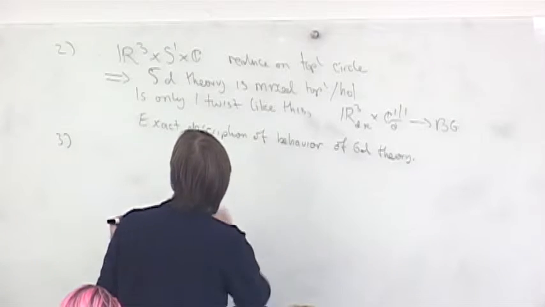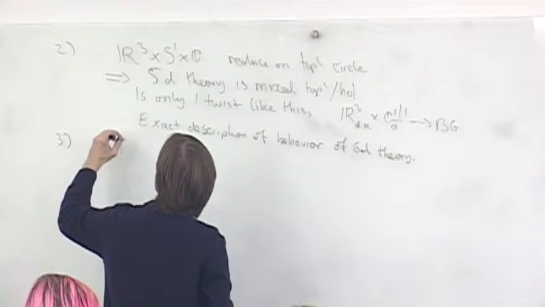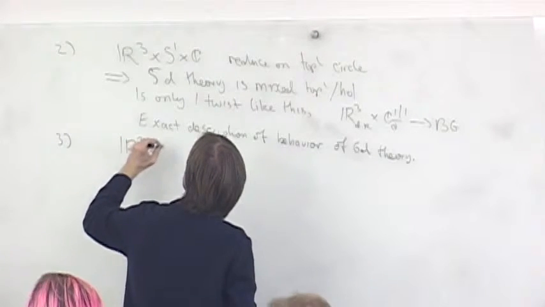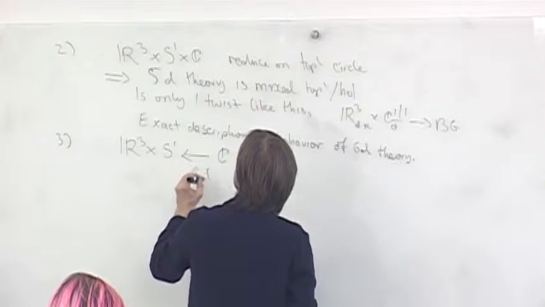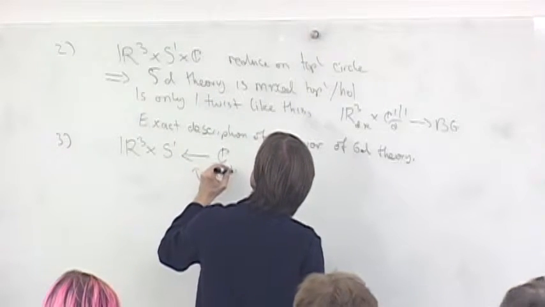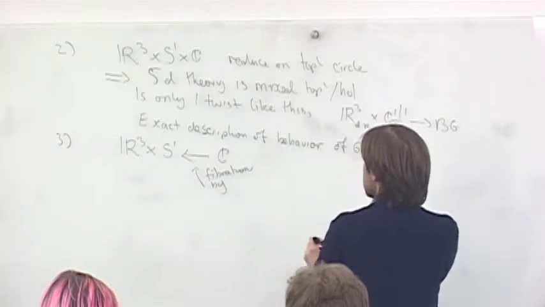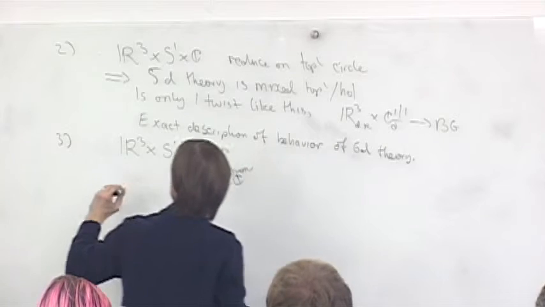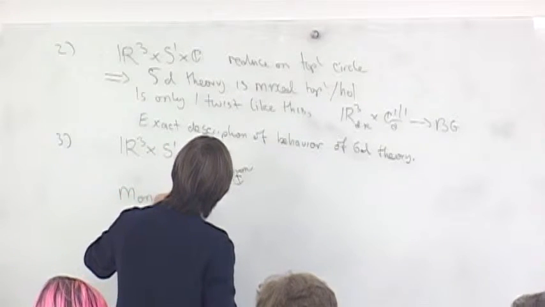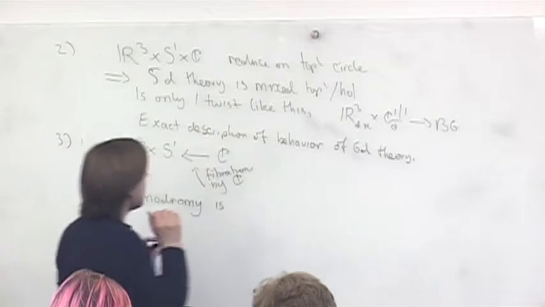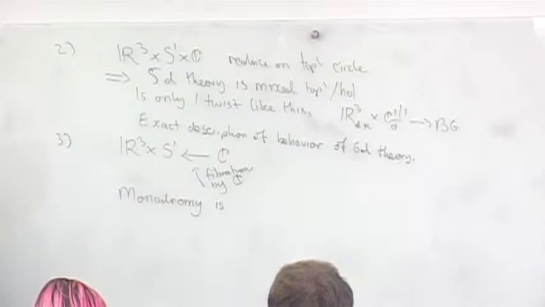So, third example. Let's consider the theory on R3 cross S1 with a fibration by C, where the monodromy is going to be a small bit away from the trivial fibration.